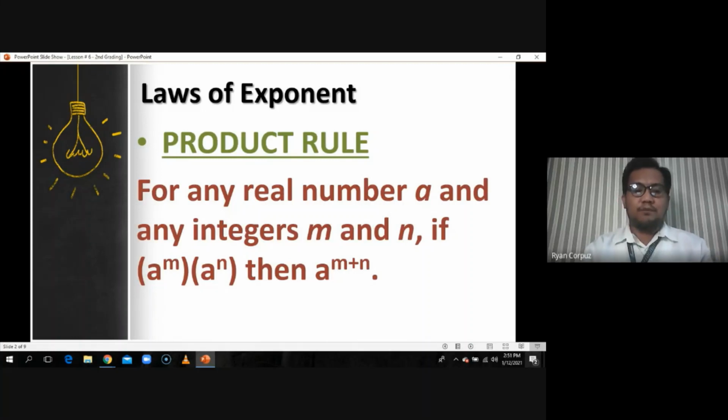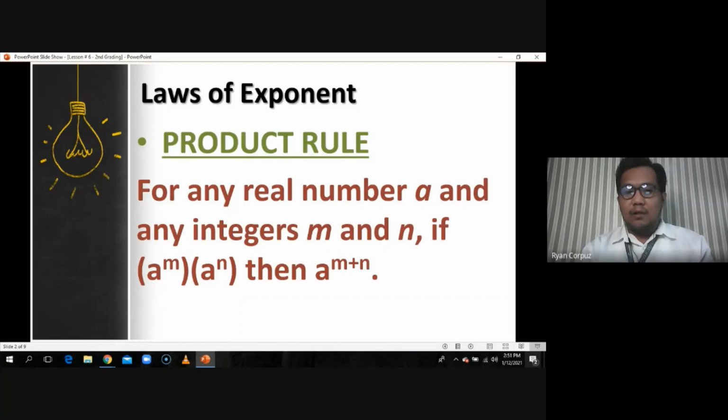So ganito yon. Product rule means that if you do have a given expression with the same base that was raised to an exponent, all you have to do when you simplify it is to simply copy the base, that same base rather, and add the exponent. So that's what we are going to do if we are going to apply the product rule.